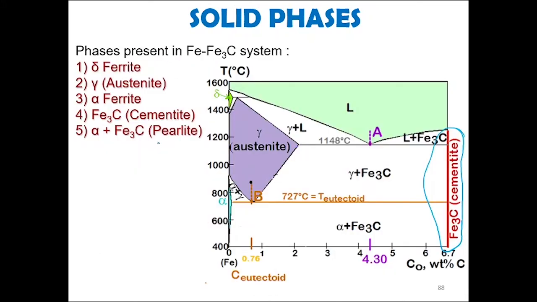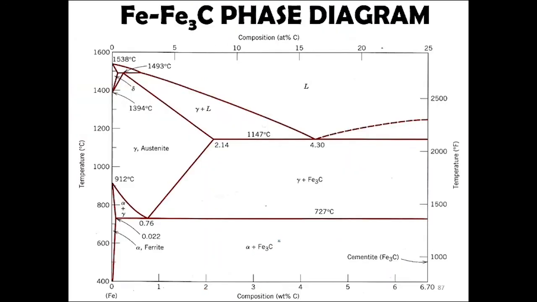The fifth solid phase that we have is pearlite. Pearlite is available at this region. It is available below 727 degrees Celsius, or below eutectoid temperature. It results from transformation of austenite of eutectoid composition on a very slow cooling.